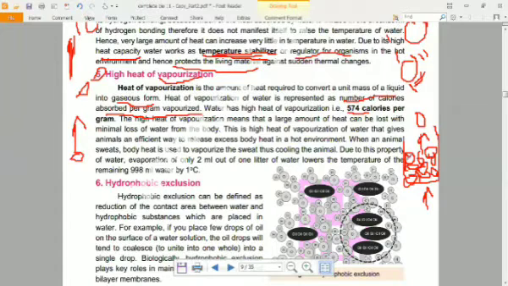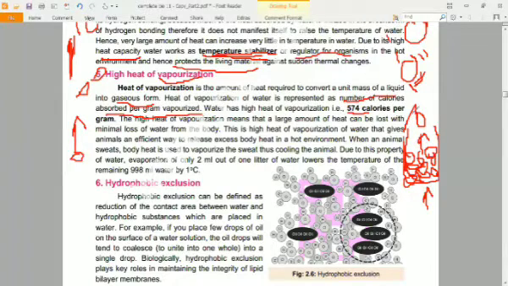To vaporize, it needs a lot of energy to come from here up into the atmosphere, because water molecules are attracted via cohesive forces with hydrogen bonding. So these hydrogen bonds are broken down, and it needs too much energy.